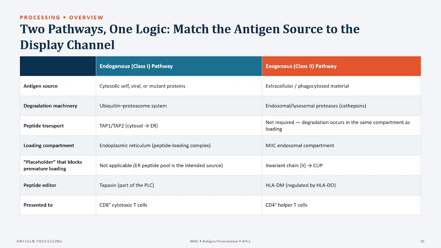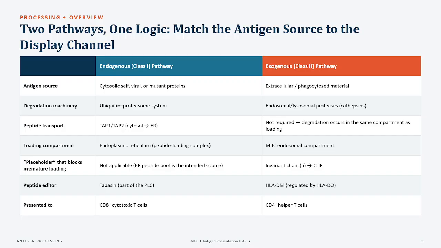The loading compartment is the endoplasmic reticulum, where it has the peptide loading complex. The placeholder that blocks premature loading is not applicable because the ER peptide pool is the intended source. The peptide editor is tapasin, and it's presented to the CD8 plus cytotoxic T cells.